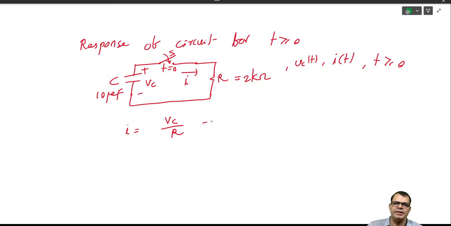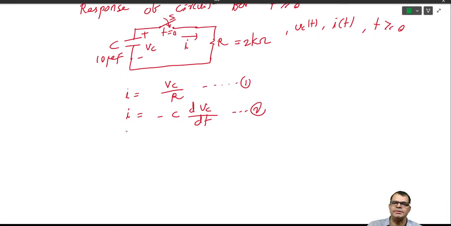Let it be equation 1. Also we know I is equal to minus C dVc upon dt, equation 2.